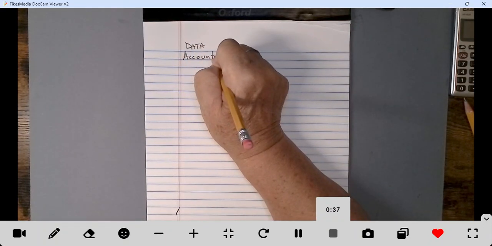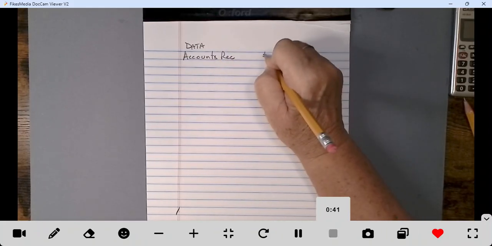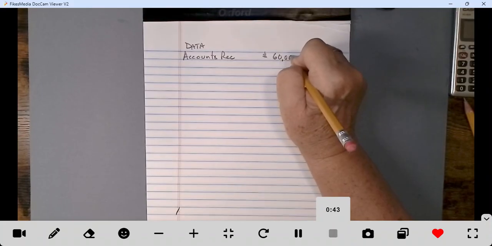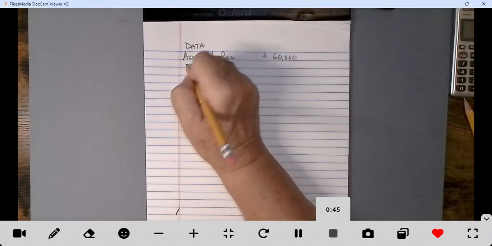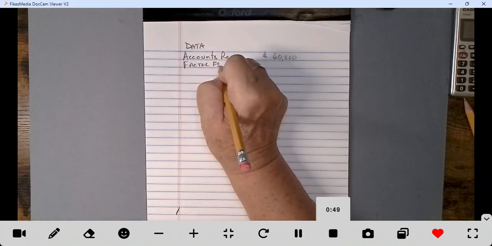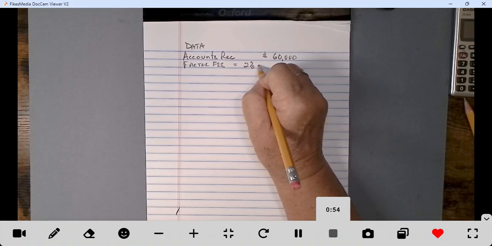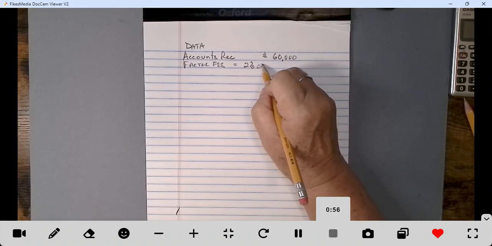The accounts receivable. How much accounts receivable are they going to factor? So 60,000 in this particular problem. We're looking for a factor fee. They will say a factor fee, and in this case, it's going to be 2% of total.